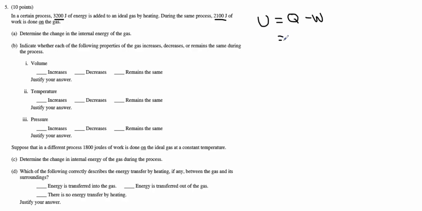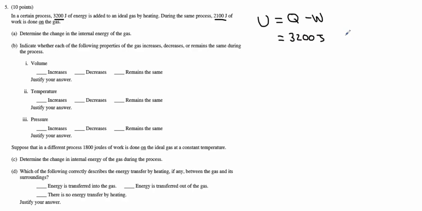If we were to write it out algebraically, it would be nice and easy. You have 3,200 joules for your Q value. And again, this is minus the work in terms of it being by the gas. And this is 2,100 joules on the gas. So when it's positive 2,100 on a gas, it's always going to be negative 2,100 by the gas.